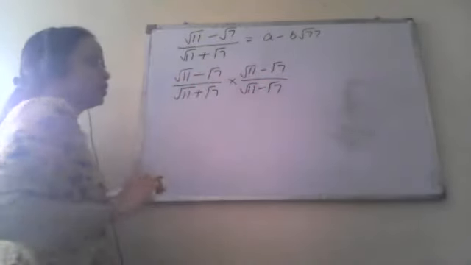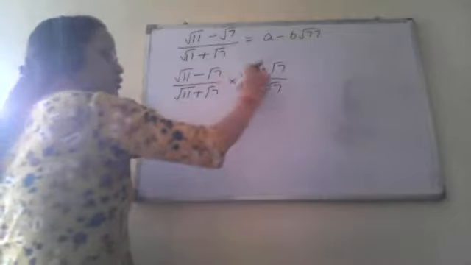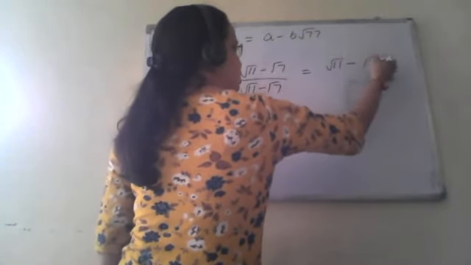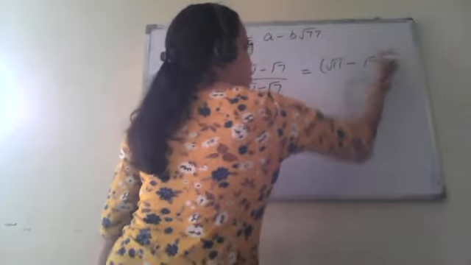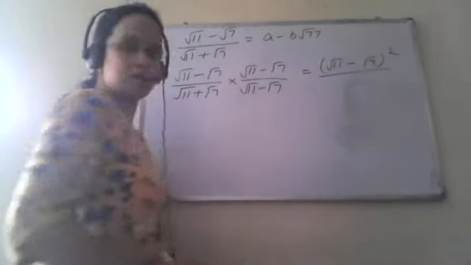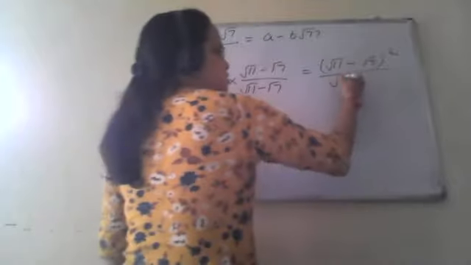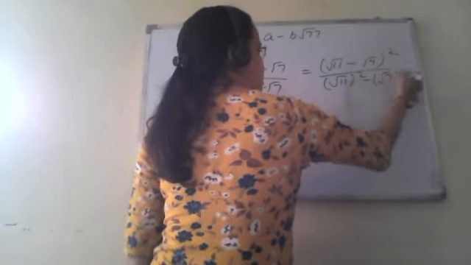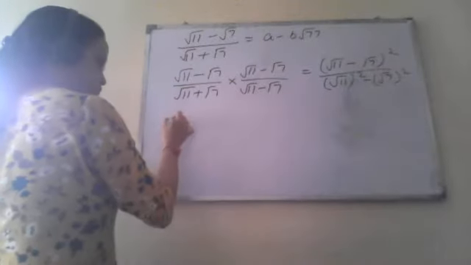So in the numerator we have a minus b into a minus b. It will become root 11 minus root 7 whole square. In the denominator we have a plus b and a minus b. It will become a square minus b square. This is root 11 whole square minus root 7 whole square.